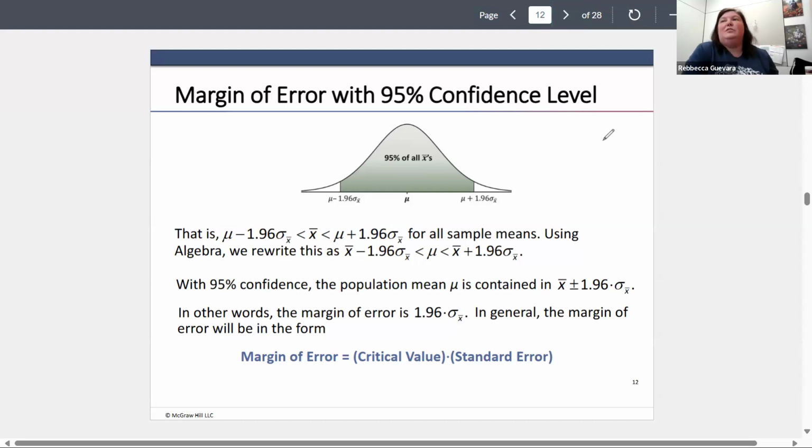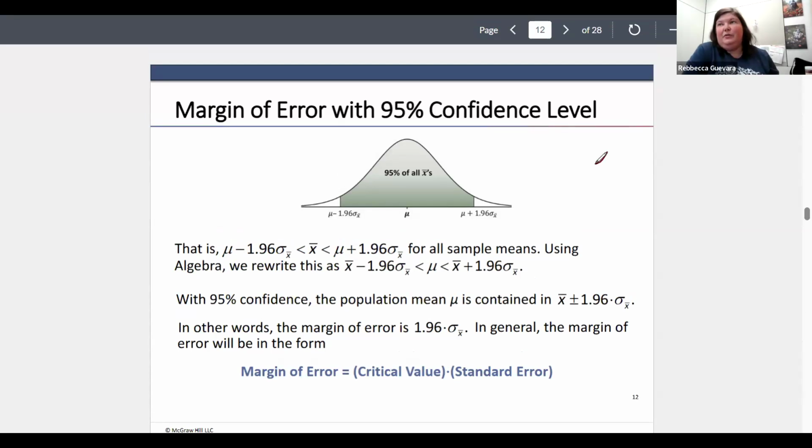Okay, so if you remember, I gave you this formula earlier: mu is equal to x bar plus or minus z times sigma divided by the square root of n. So for a margin of error with 95% confidence, 95% of my x bars are between a z-score of -1.96 and positive 1.96.